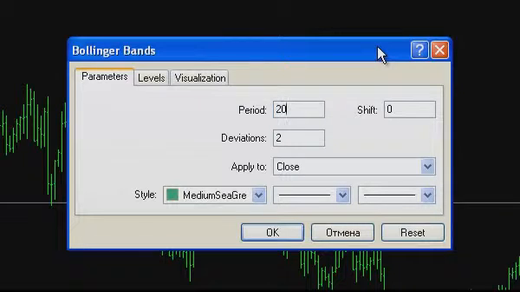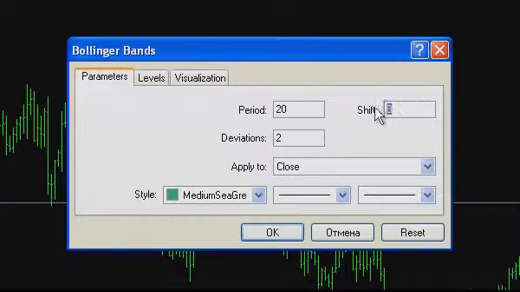This is the time period for which a standard deviation of the price line from the average one is calculated. 20 is a recommended and the most common value. Deviation is a parameter that determines how far away Bollinger Bands boundaries are plotted from the simple moving average. This distance is measured in standard deviations. The most widely used distance is 2 standard deviations.